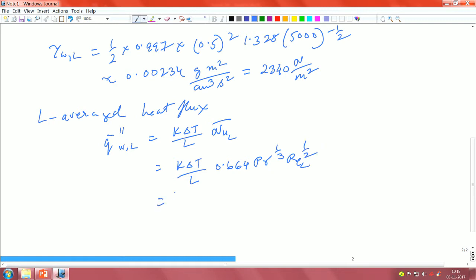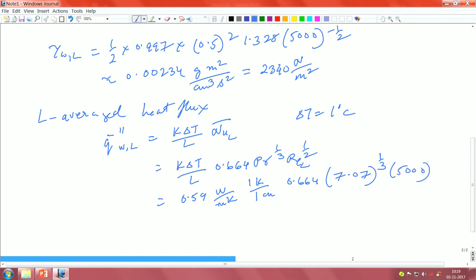So, this is the standard. We are already given that delta T is about 1 degree Celsius, if you recall the problem statement. So, 0.59, this is watt per meter Kelvin. It is a good exercise to write the units, so that you do not encounter any problem. Either you convert to the same unit, or you do it at the end, but in that case you should write all the units down. Prandtl number is 7, we already gave that.